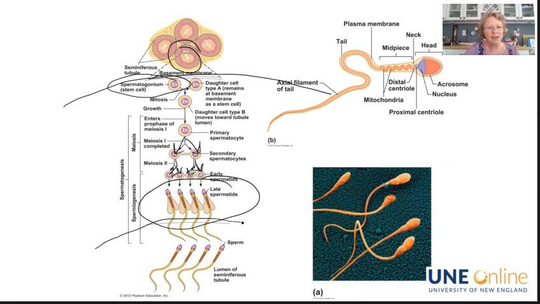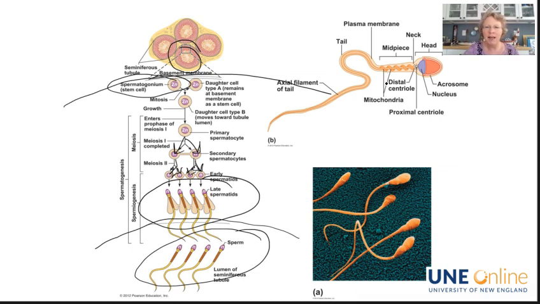By the time we're at this stage, where these cells have moved from the outer edge of the seminiferous tubule wall to the inner edge, and our sperm are now within the lumen, the opening of the seminiferous tubule, they move along to the epididymis where they will finish developing and start swimming.